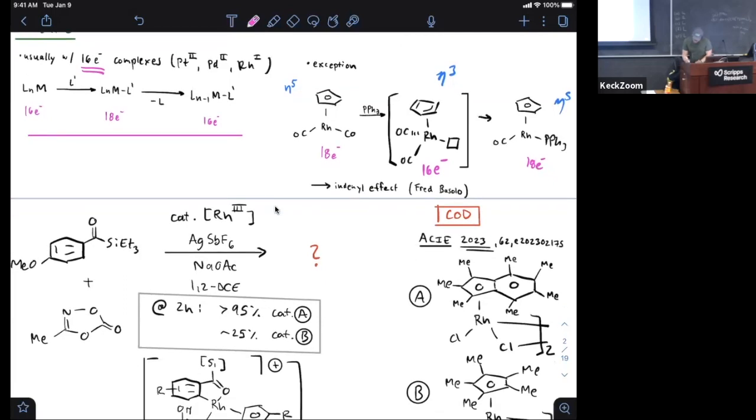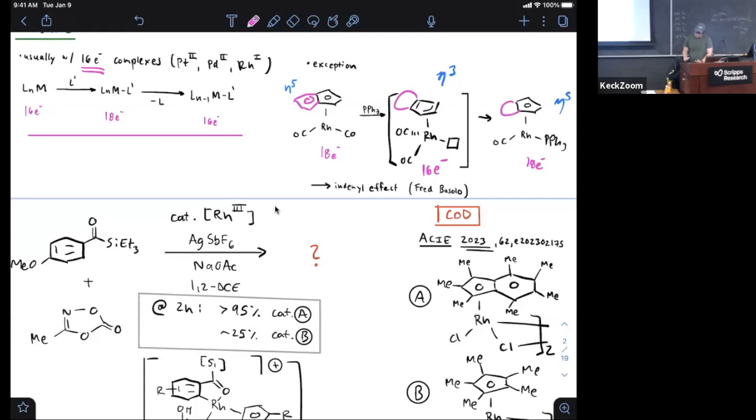And one is the so-called indenyl effect. The indenyl effect is when your Cp is not a simple Cp, but in fact an indene. The mechanism was first proposed by Basolo in the 60s.